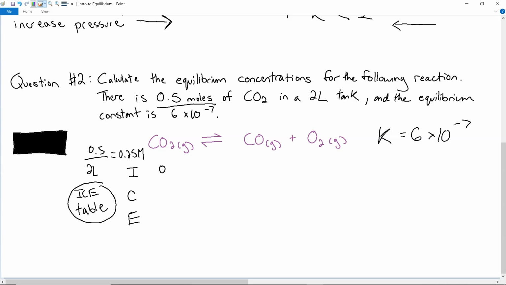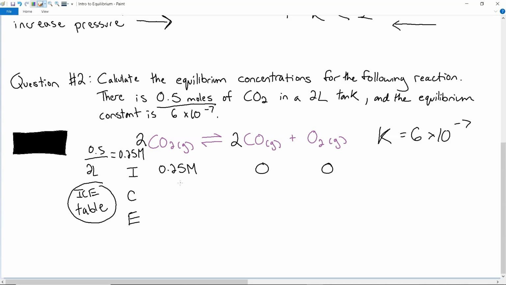So we know our initial concentration of CO2, and we start with 0 product, carbon monoxide or oxygen. Remember, we need to balance our equation first for mole ratios. So we would need to add a bit more oxygen onto this side and then balance that out with carbon monoxide.